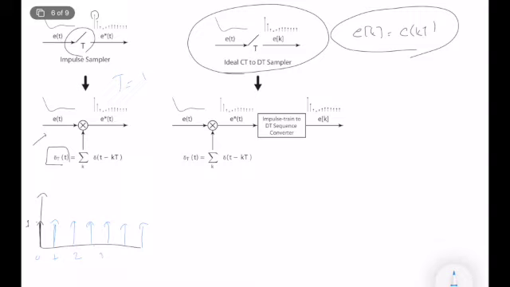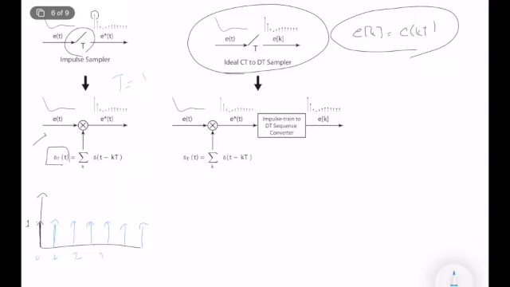So the output depends on time. If you shift e of t a little bit, you may get a different result or the same result. When you add a sampler to your system, it automatically becomes a time varying system if you still live in the continuous time domain.